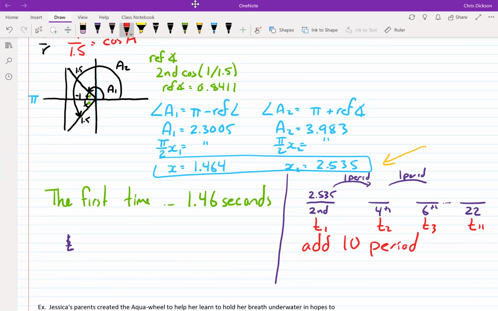So my time was 2.535, and now I have to add 10 periods, but each period is 4 seconds. So it's going to be 40 plus that number, which would be 42.53, I think, roughly.